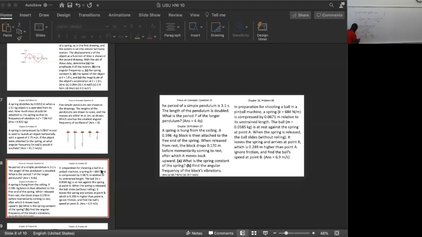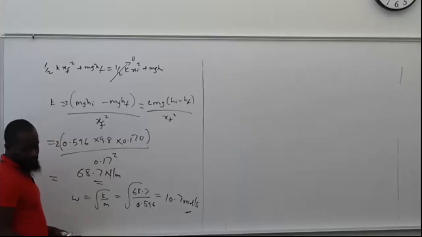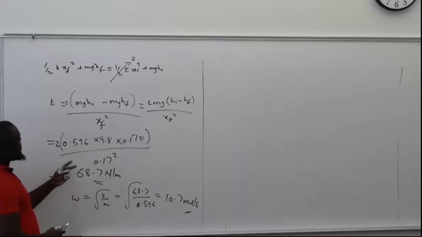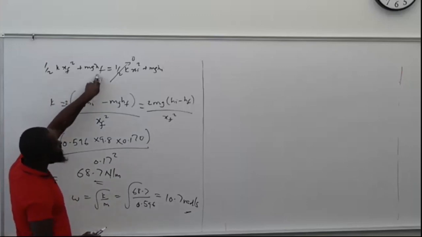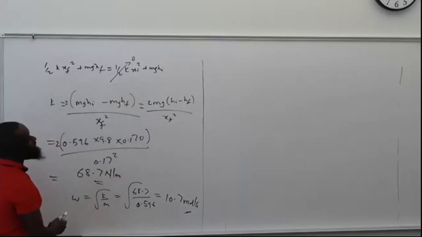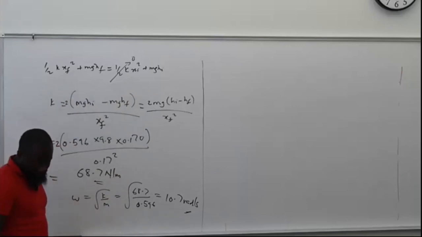Square root of that. 10.7. Correct, 10.7. So I'll stop sharing so you guys can see this. That is how I use the conservation of energy, of elastic potential energy and gravitational potential energy as the mass is dropping, to solve the problem, okay?